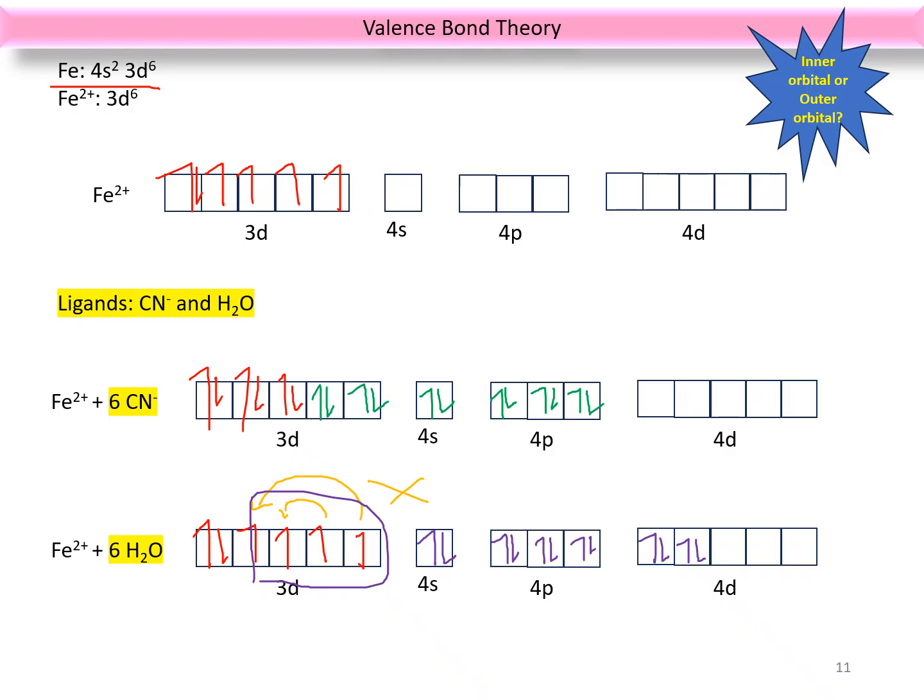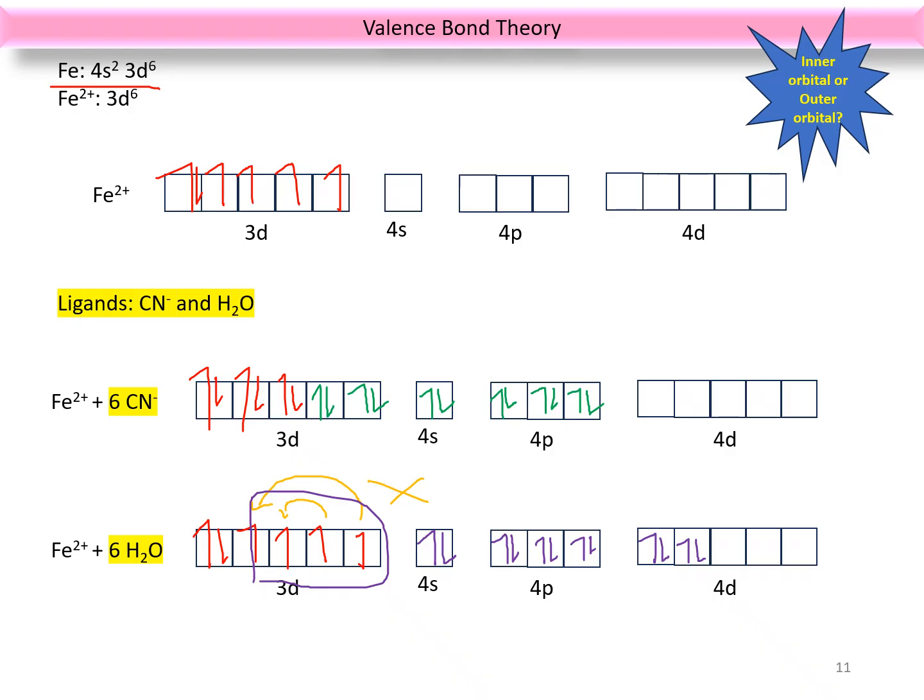It was supposed to fill in the 3d orbital, but because water is a weak field ligand, it couldn't force the unpaired electrons in iron 2 plus to pair up. So it started to fill in from the 4s up to 4d. So this is an outer orbital hybridization.